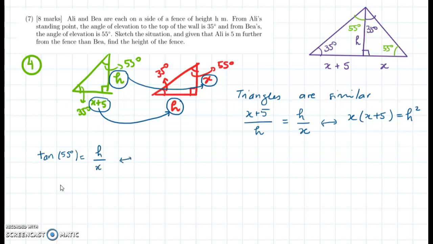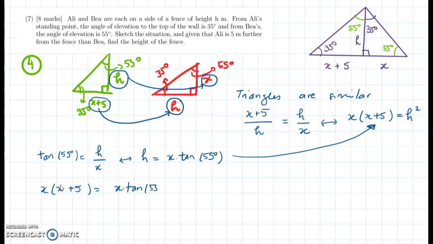So this says that instead of writing h, I will write x times the tangent of 55 degrees. And this is what I'm going to do with my equation over here. I'm going to write that x times x plus 5 is the same as x times tangent of 55 degrees, all of that squared.